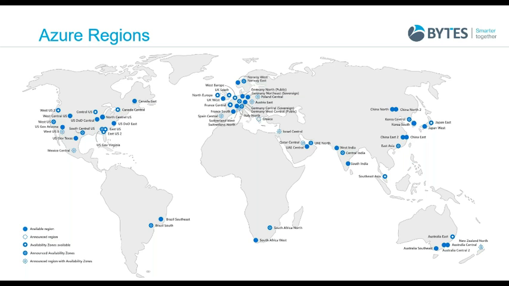So for example, something that's a little bit older, like Europe North and Europe West, those tend to have a lot more of the older generation, say, virtual machines, whilst some of the newest, the latest, say, South Africa West, they might not have the oldest generation of virtual machines. So there's sometimes a disparity between them, and sometimes there's also a cost disparity between how much things cost in each region.